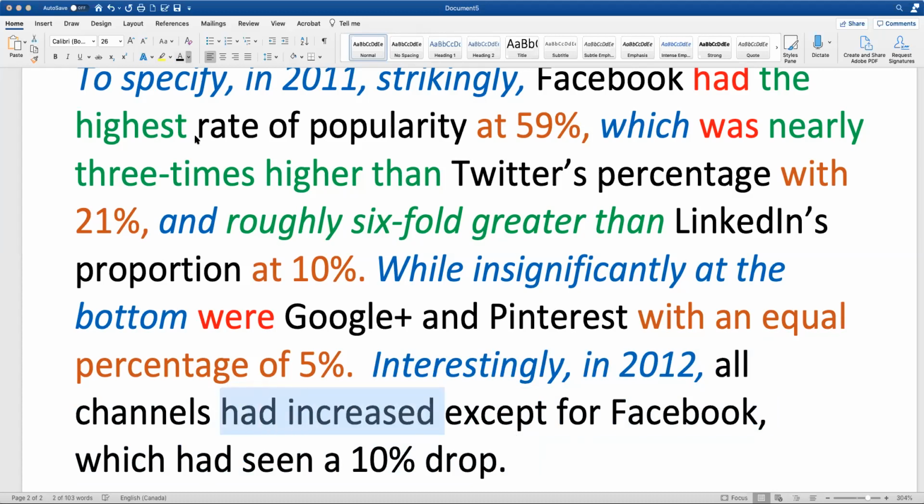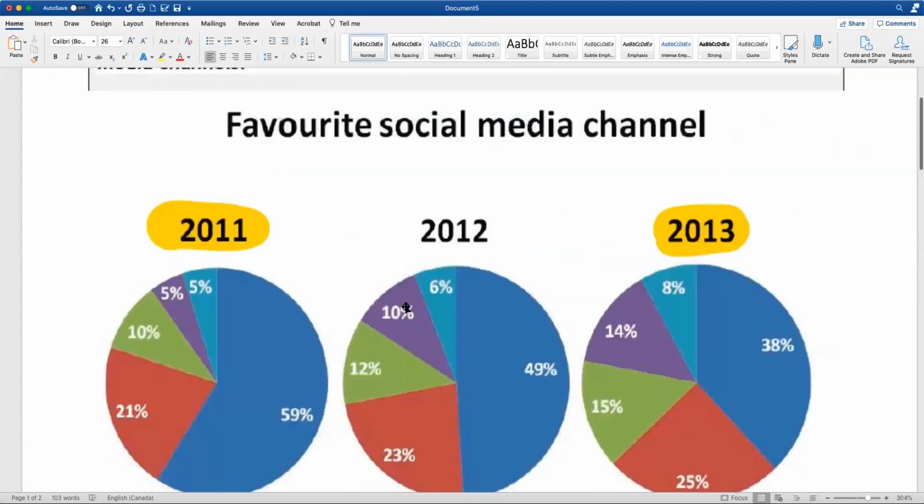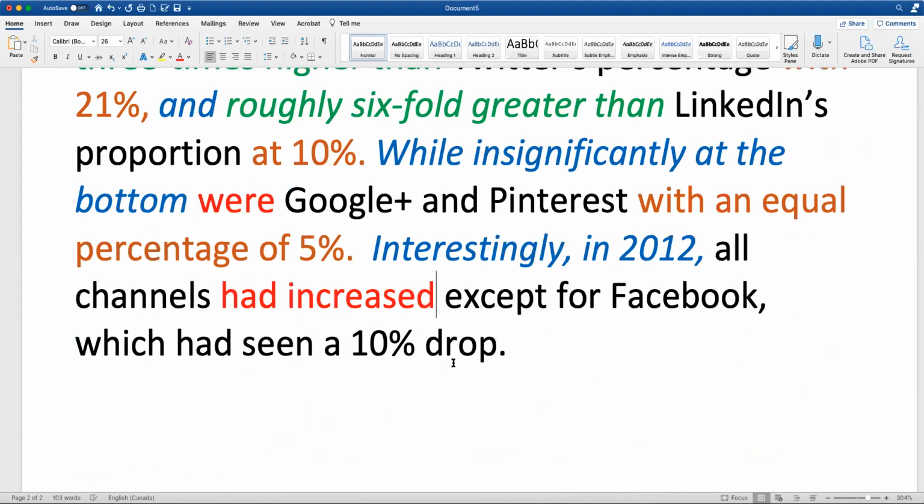I didn't really say anything about marginally or anything. The reason is because this one here doubled, 5 to 10. So I just didn't say anything about a lot, a little, nothing. Okay? Which is fine, except for not including Facebook, which had seen a 10% drop.